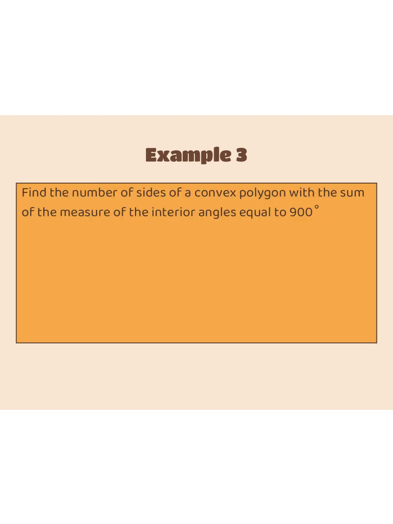They want us to find the number of sides of a convex polygon with the sum of 900. Now remember, for the interior angles, we always have n minus 2 times 180. That is for the sum of a convex polygon's interior angles. So if we have that equal to 900, we can solve for n, and that will be the number of sides. I'm going to start by dividing by 180 on both sides.